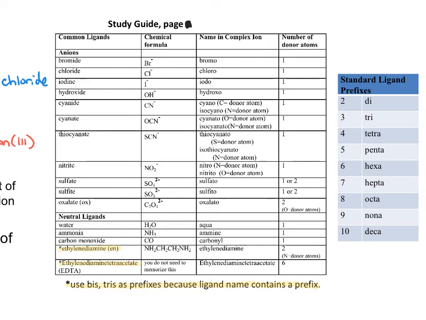So our prefixes are listed right here, and I can see that di is the prefix for 2. Di is also in the ligand ethylene diamine. So if you happen to have 2 ethylene diamines, you would write down bis, parentheses, ethylene diamine. If you had 3 ethylene diamines, you would write down tris, parentheses, ethylene diamine.